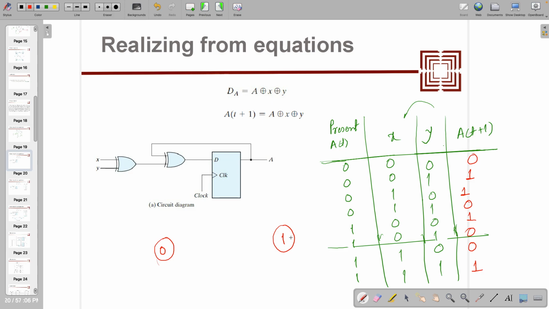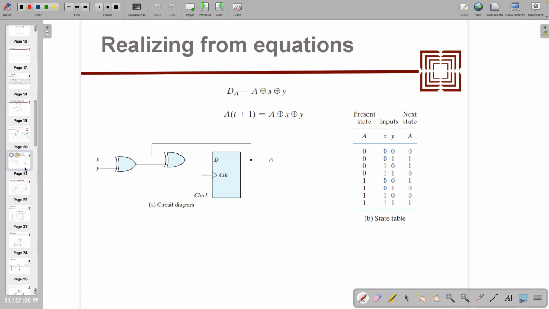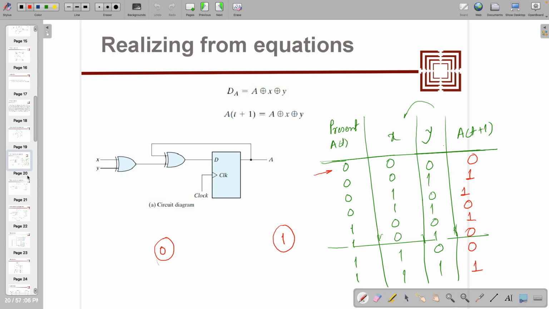Note that in this circle, A is written, actually A of t and A of t plus 1 are both here. So if you are here, the present state is 0, next state is 0, then in the presence of the input, what's happening? You just need to write down and make the diagram, because here there are two possibilities, x and y.